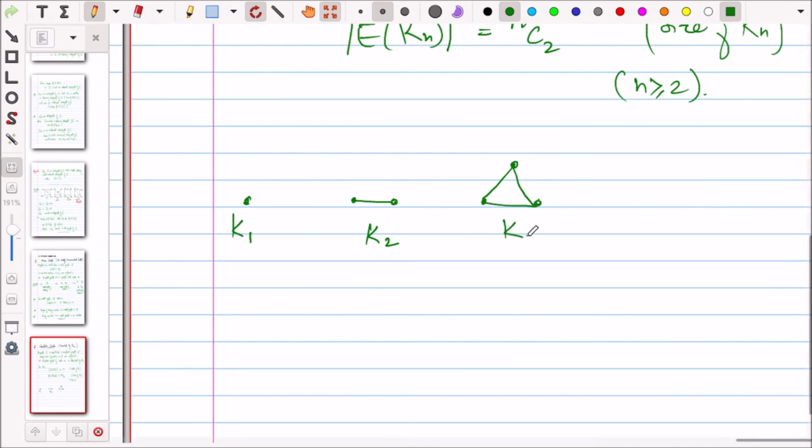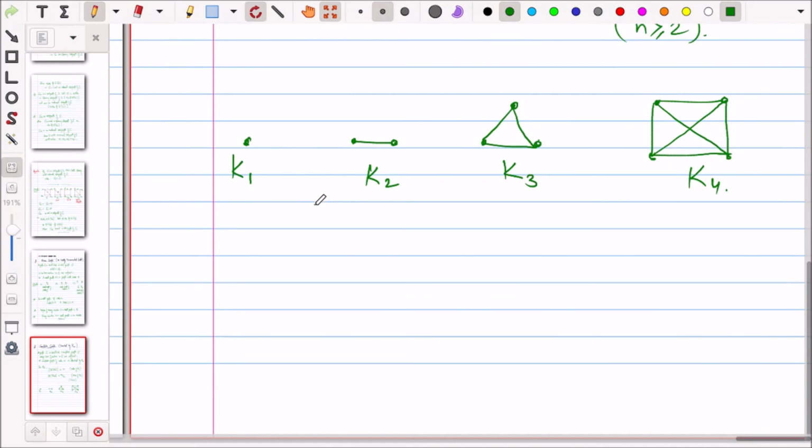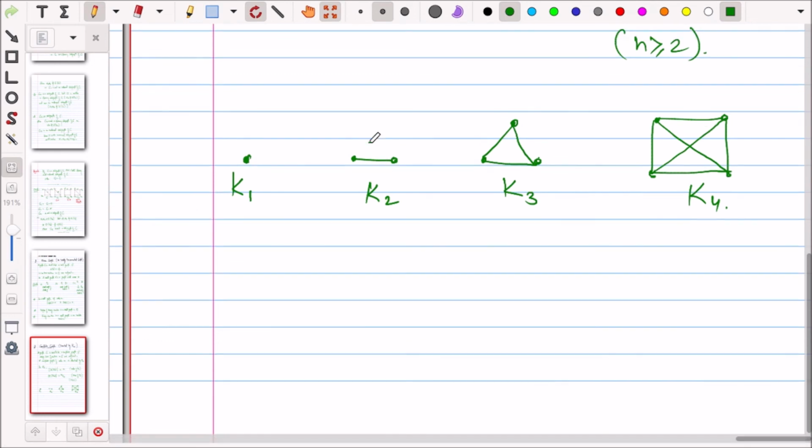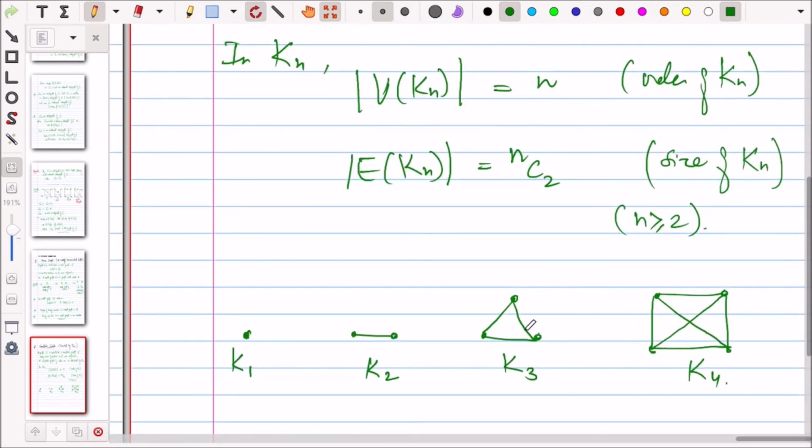Yes, this is your K3. K4 क्या हो जाएगा? सारे एडजेसेंट होने चाहिए. So K4, ठीक है, 2C2 is 1, so one edge, 3C2 is 3, so 3 edges, 4C2 is 4 into 3 by 2, which is 6, right?